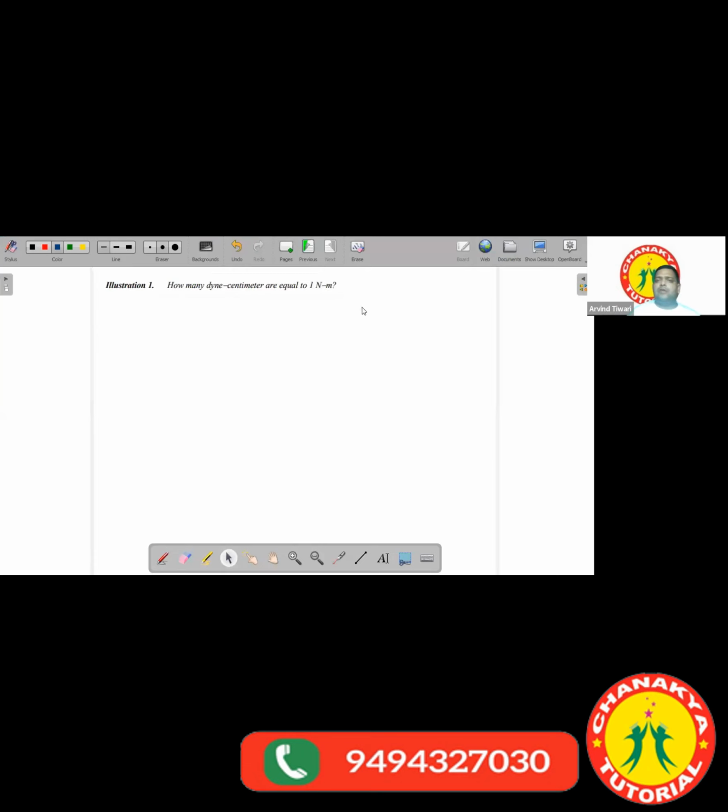Okay, so how many of you can convert? Can you convert dyne centimeter to Newton meter? No. Okay, see, use this formula N1 U1 equals N2 U2.